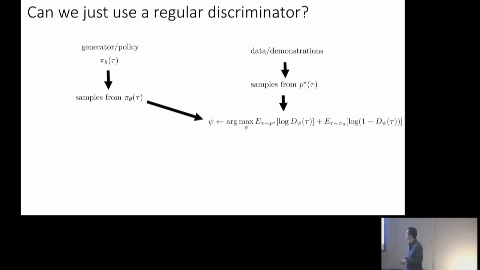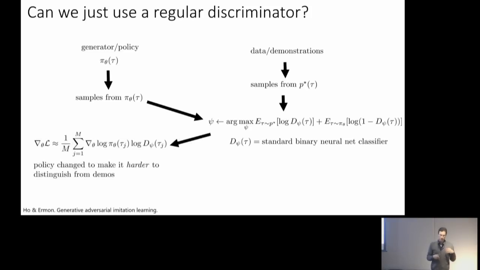And now we're going to learn a discriminator, but we're not going to use that special form of the discriminator that has the ratio of rewards and policy probabilities. We're just going to do the regular thing and represent it with a regular binary classifier. And then the policy objective will be to maximize the log probability of the samples under the policy being like demonstration samples. So the policy is still trying to fool the discriminator.